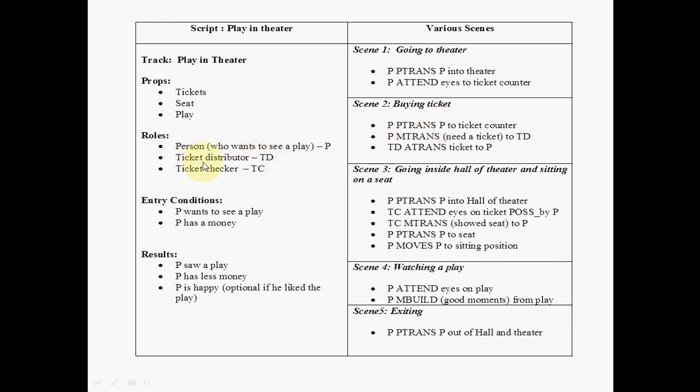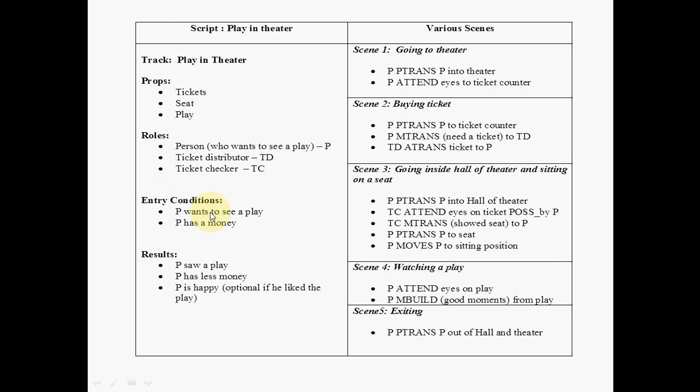Then the ticket distributor, the one who distributes tickets, we are using the short form TD, and the ticket checker, we are using the short form TC. There may be other support staff and many other people, but I have not listed them because they are not involved in my scenes here. You may also list them, no problem.